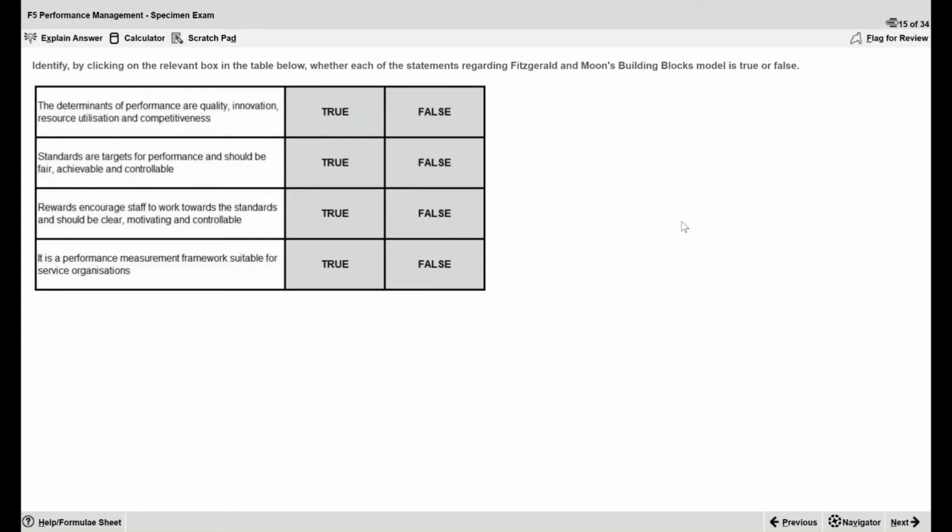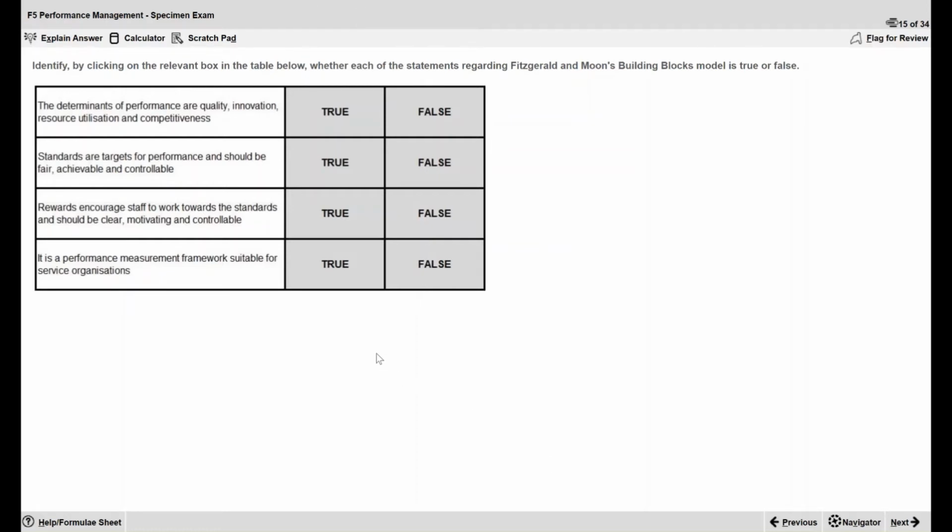Standards are targets for performance and should be fair, achievable, and controllable. Rewards encourage staff to work toward the standards and should be clear, motivating, and controllable. It is a performance measurement framework suitable for service organizations.